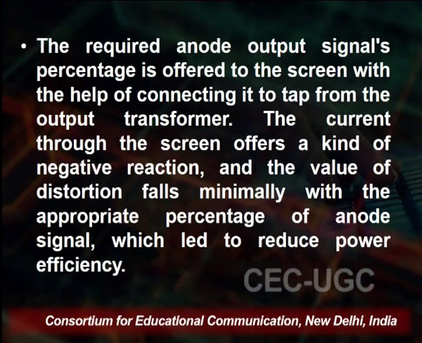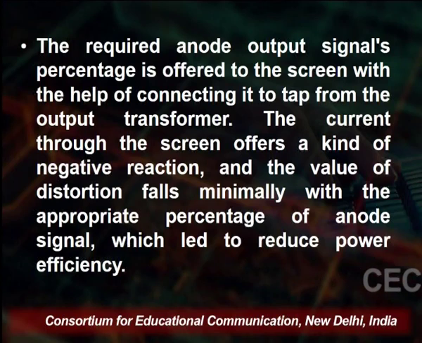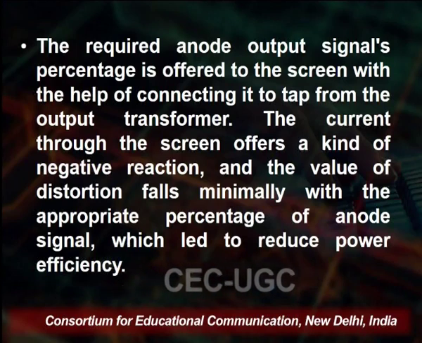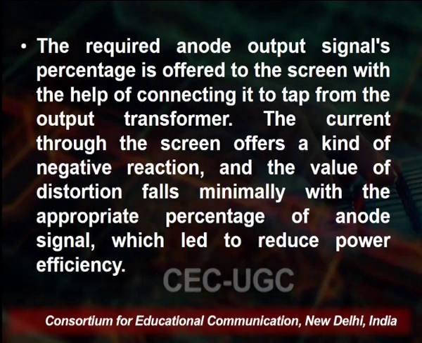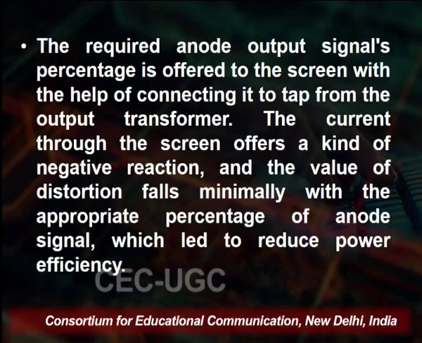So, current through the screen offers a kind of negative feedback, and because of this the valve distortion was minimal, and the percentage of the anode signal is appropriate, which leads to reduced power efficiency.